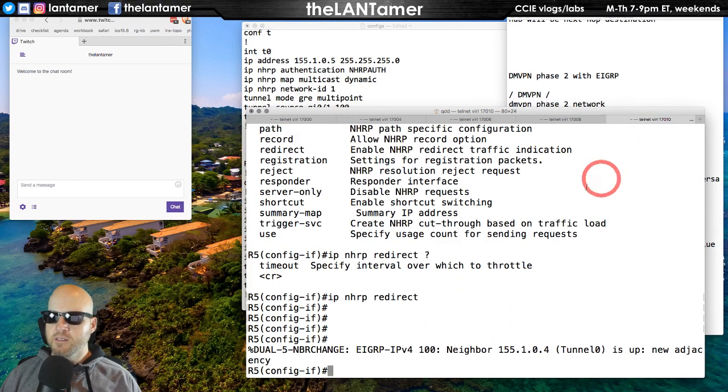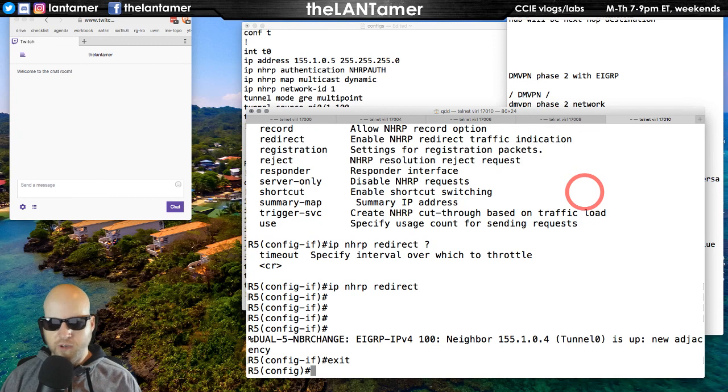Okay, and then the other thing we need is to configure a summary address. That's the whole point, right? We don't have to here, but that's why we want to.